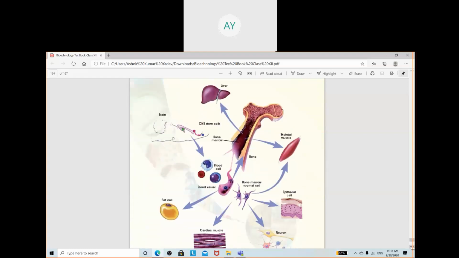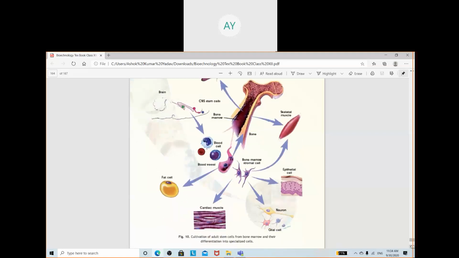Just see in this diagram. Just see the bone marrow. Bone marrow also has stem cells. The formation of RBC occurs from the bone marrow cell. So try to know this.